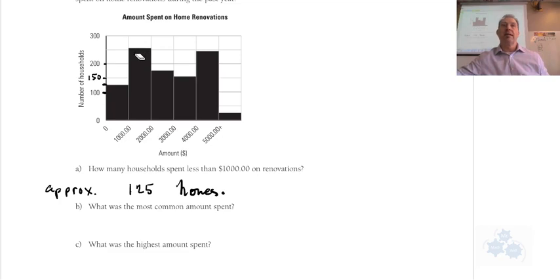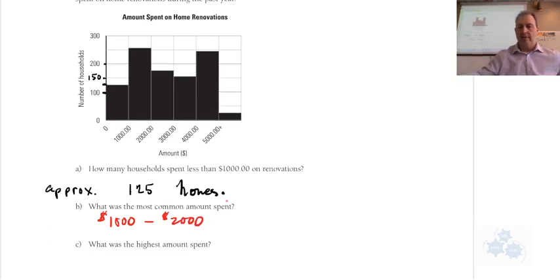So what's the amount of money associated with this bar? It's just the same as the first question, except it's asking it backwards. $1,000 to $2,000, exactly. See how that's in between 1,000 and 2,000? That's exactly right.